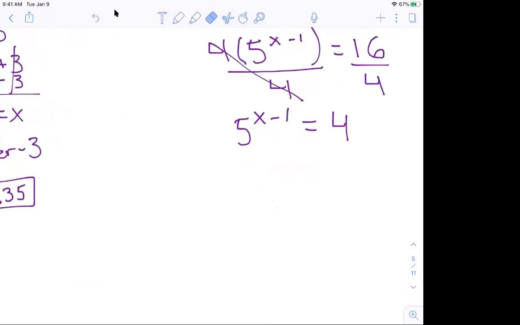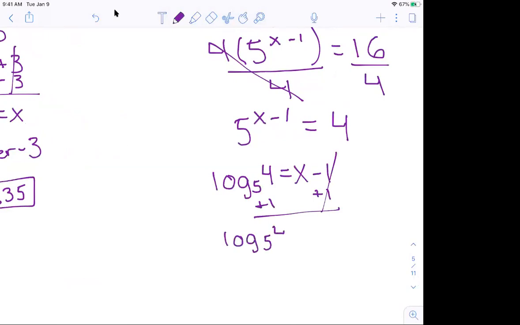Okay, so if you're tuning back, I'm going to change this into log base 5 of 4 equals x minus 1. To solve for x, I'm going to add 1 to both sides. Again, you cannot add the 4 and the 1. They are not like terms because the 4 is connected to the log.